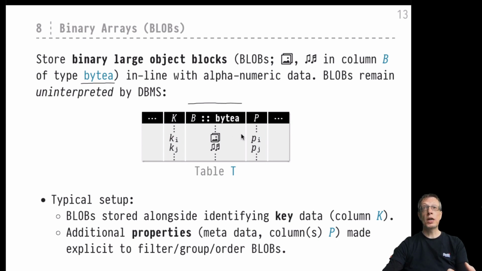You would then check the property columns, of which there could be many, any that you want, to check details, metadata about the binary large object that you have stored in this particular row, and then you could just extract parts or all of the binary data array that has been stored inside this row for further use in external tools or maybe even inside your queries.